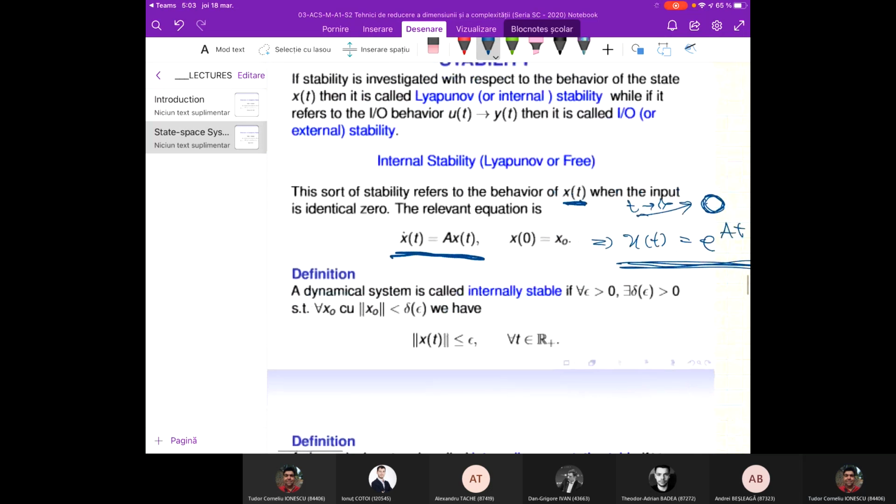Very good. So now we give the general definition of internal stability of a state space system with dynamics.